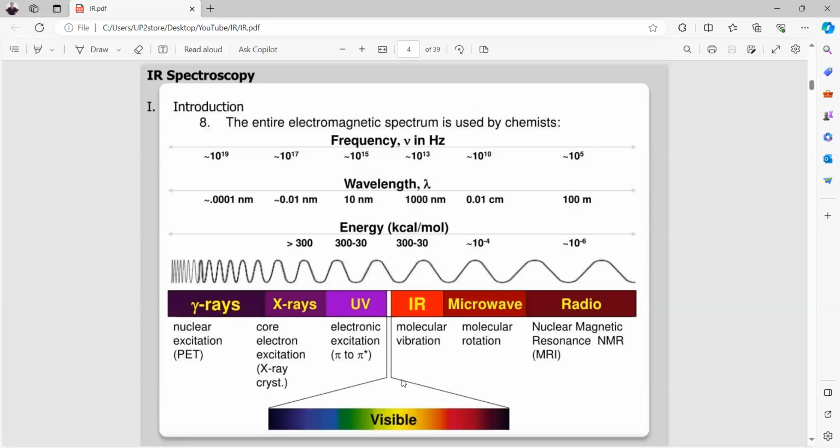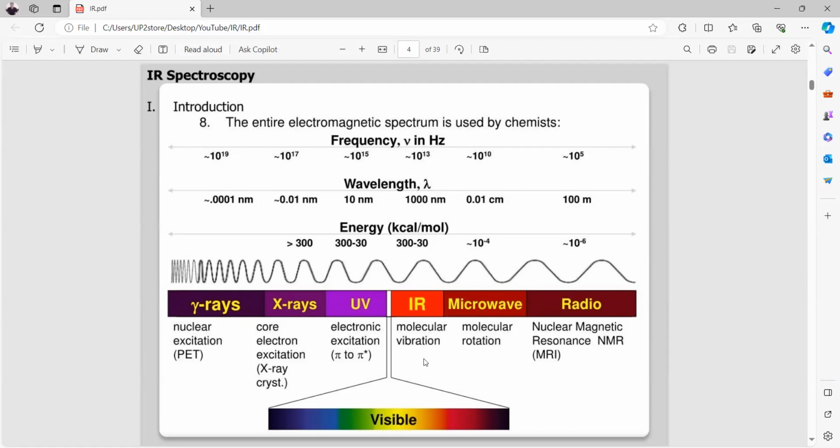The visible region is at the center of these energies, and we will focus on IR today for molecular vibrations. In the next videos, we can discuss microwaves, radio and others.